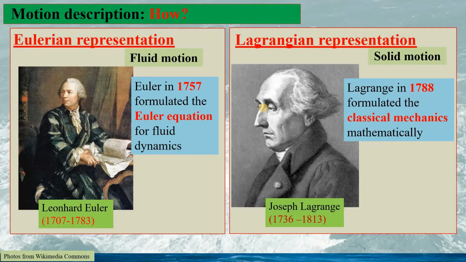The Eulerian representation is the method mostly used in fluid dynamics, while the Lagrangian method is mostly used in solid motion. Although the Lagrangian method is occasionally used in fluid dynamics, this talk is on the Lagrangian method, but the purpose is for understanding the fluid motion better.